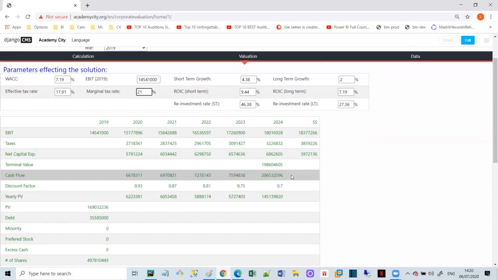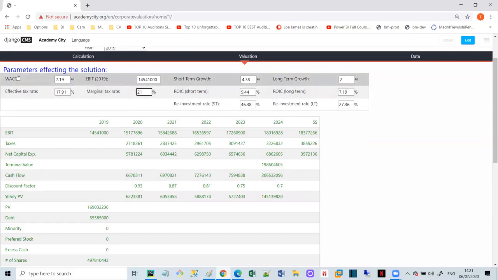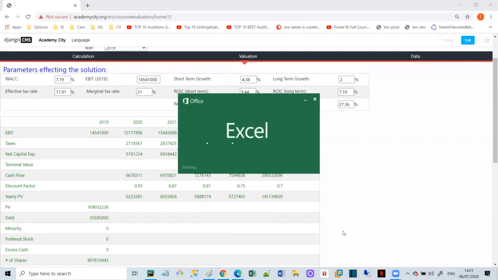Now I want to discount it. I will do the discount factor, which is really the 0.93, is 1 over 1 plus 7.19%. One more time. How did I get 0.93? Simply, let's use it in Excel for a second.